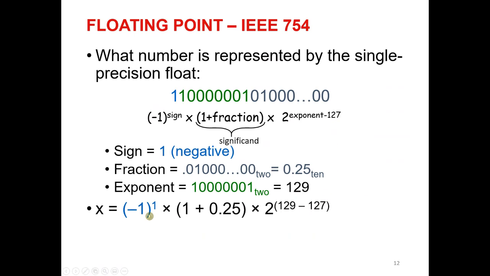So with this, we have the sign, we have the fraction, and we add 1, remember, to restore the complete significand. And then we have the exponent. And with this, if we do the calculations, as some of you guessed, we have -5.